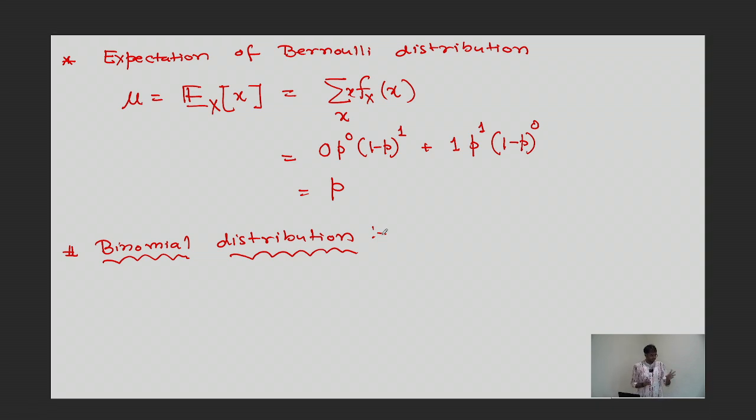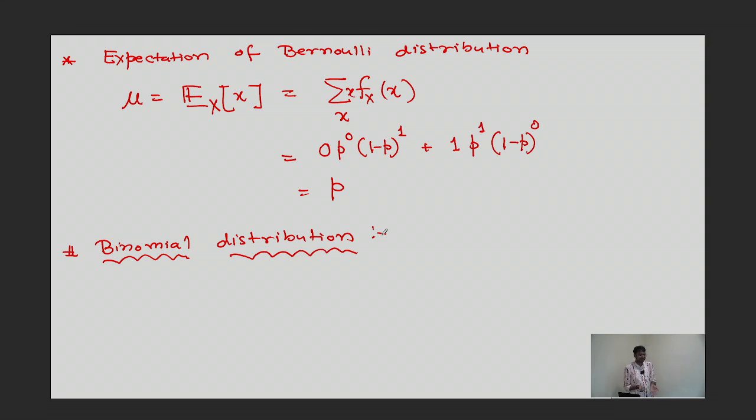The output remains 0 and 1, but you are performing the experiment or trial multiple number of times, and you are interested in the number of successes. In the Bernoulli case, you are interested in the outcome of your trial, whether it is 0 or 1. In the binomial distribution, the variable is the number of successes.